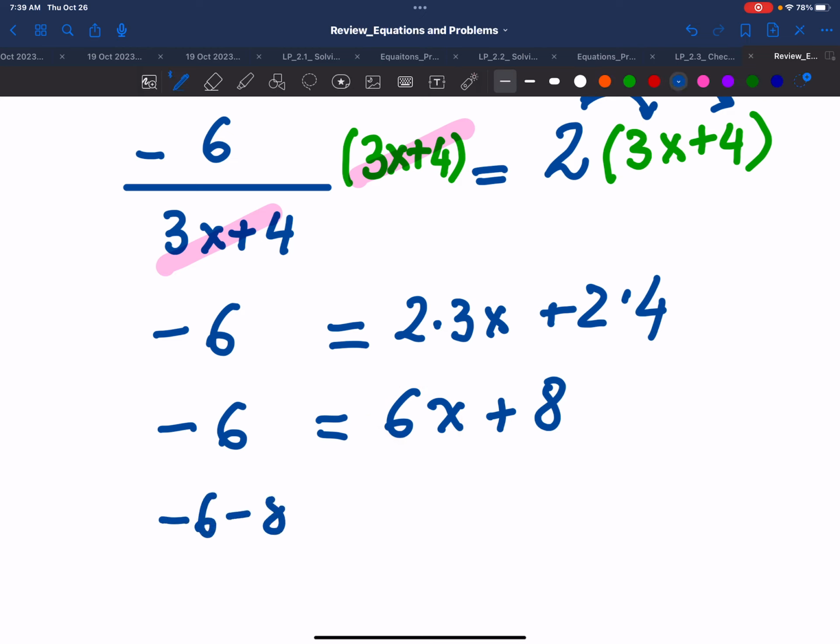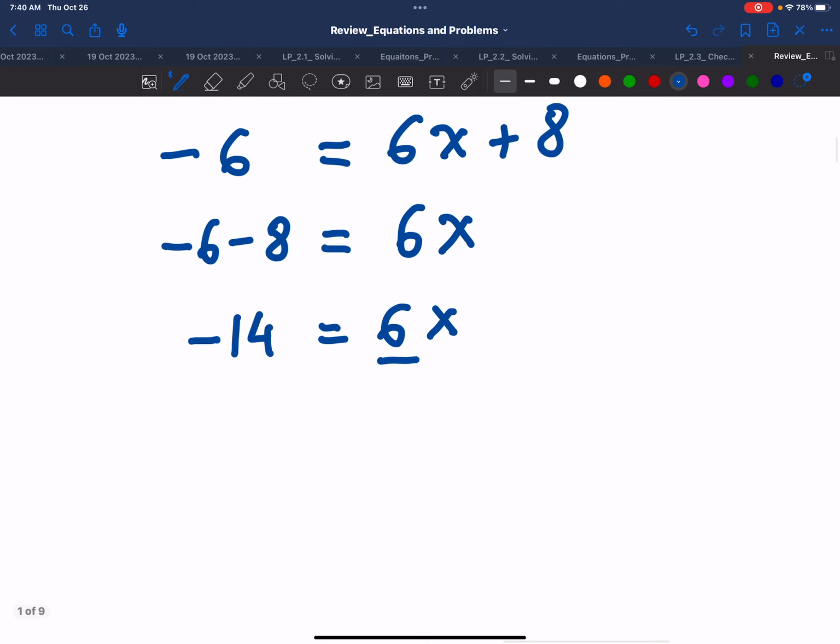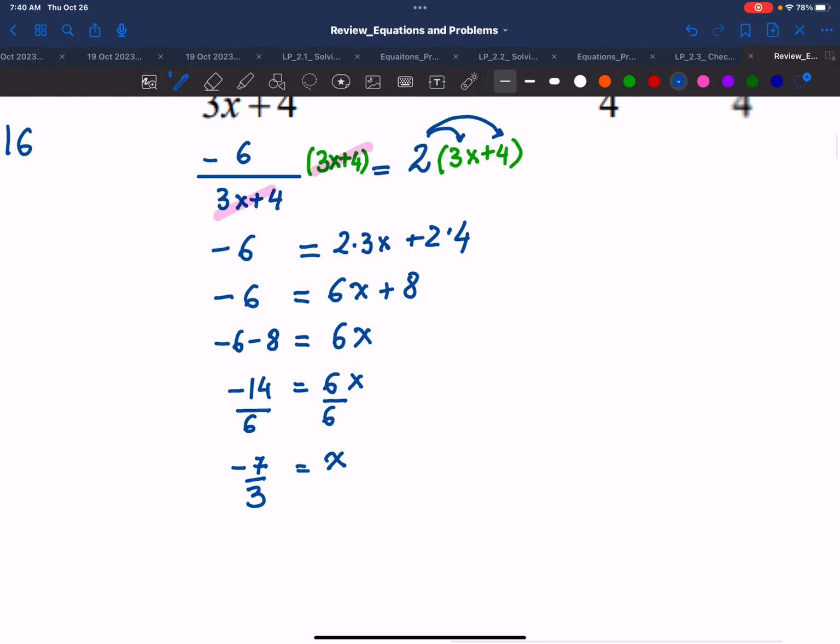Negative 6 minus 8, because the sign will change from positive to negative, is negative 14. Now we isolate x from the coefficient. So divide by 6, and negative 14 over 6 in more simplified terms will be negative 7 over 3.